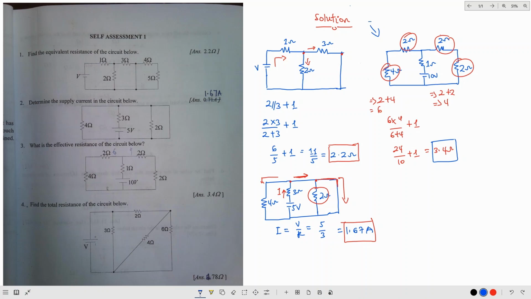Alright, so now let's focus on the fourth question. It says, find the total resistance of the circuit below. So now let's draw that circuit also. We have this circuit, we have one resistor here, we have another resistor here, and then this is the voltage source.